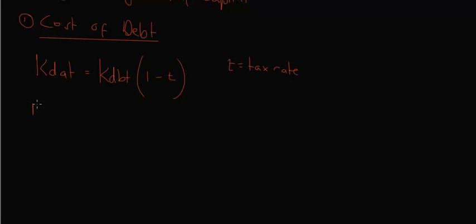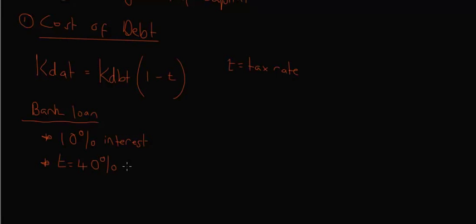So let's just do an example with a bank loan. Let's say the bank are charging 10% interest, and obviously this is all in annual terms, 10% interest, and the company have a tax rate of 40%.